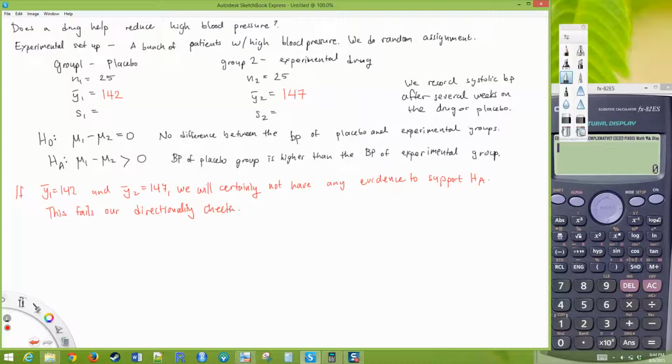And if it fails your directionality check, you can say we will not reject the null hypothesis, and we have no evidence to support the alternative.